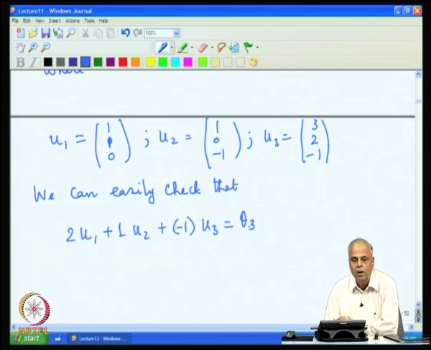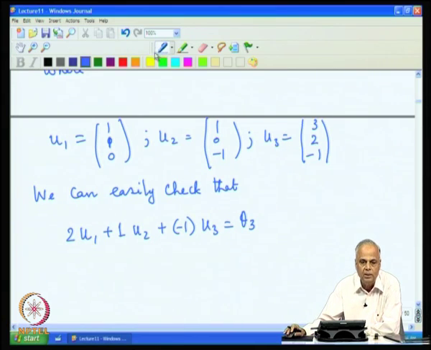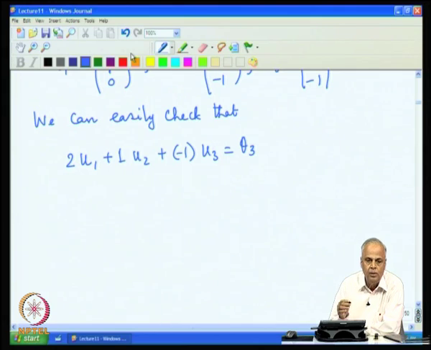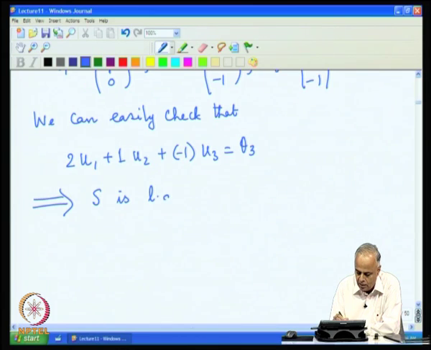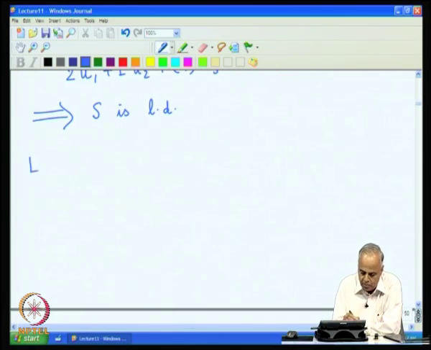And therefore, we have a linear combination with non-zero coefficients that still yields the 0 vector. Whenever such a non-trivial linear combination yields the 0 vector, the set is called linearly dependent. So, S is linearly dependent. Let us look at another example.